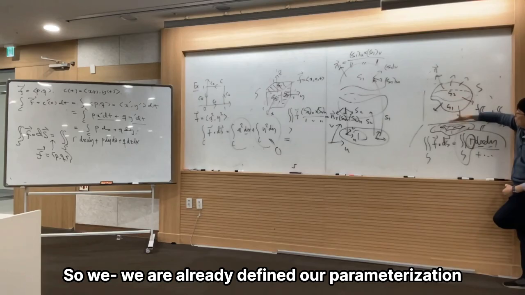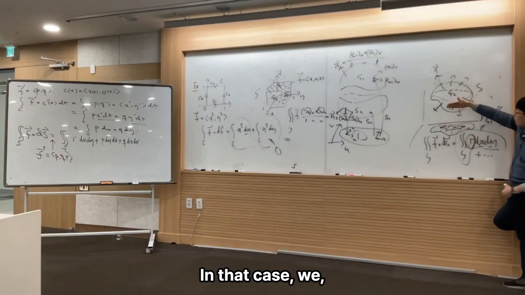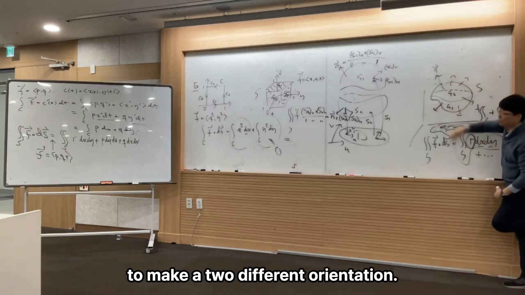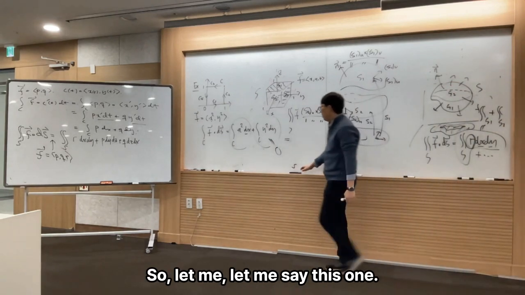So we have already defined our parameterization as the projection parameterization here. In that case, we have to separate these two as separate integrals to get two different orientations. So that's why.